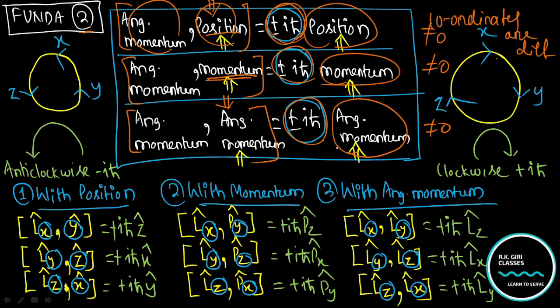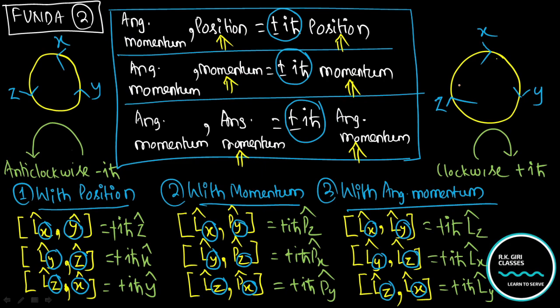But you have to keep in mind when the sign will be plus: if it rotates in a clockwise manner, it is plus iħ, and if it rotates in an anti-clockwise manner, it will be minus iħ. For example, suppose angular momentum with position, the coordinates are different, so the result will be non-zero.